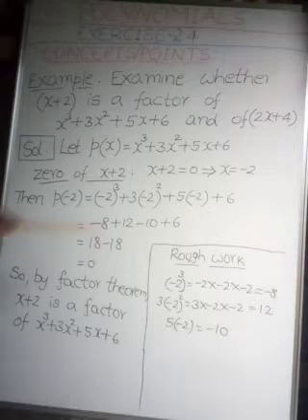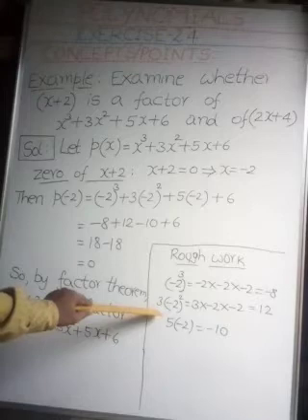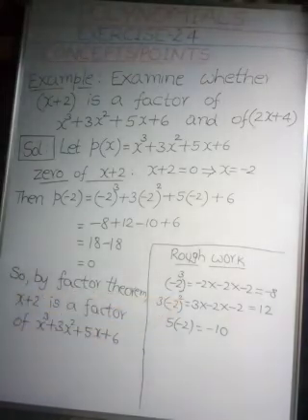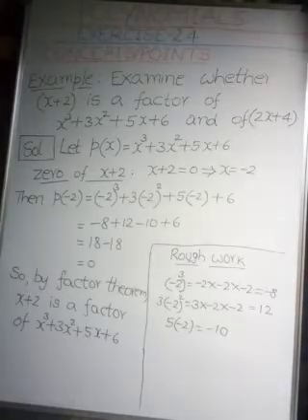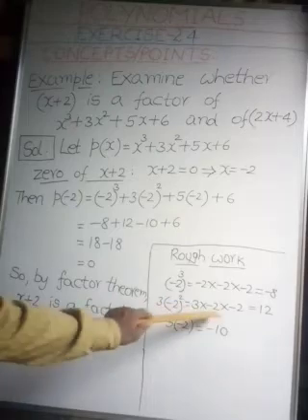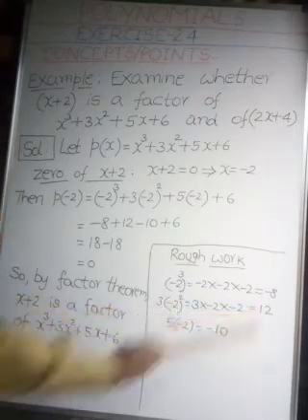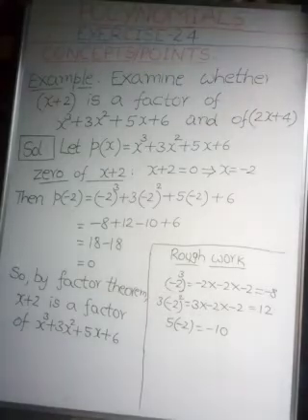Right. Now come to the second term. 3 into minus 2 whole square. I am also finding the value of the second term separately. So 3 into minus 2 whole square means 3 into minus 2 into minus 2. Do you remember how to write minus 2 whole square, my dear children?